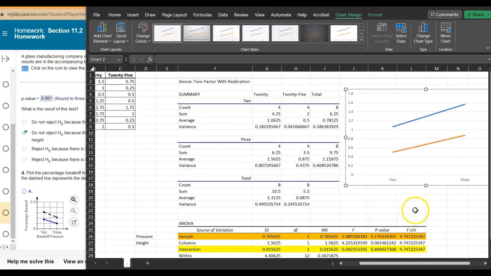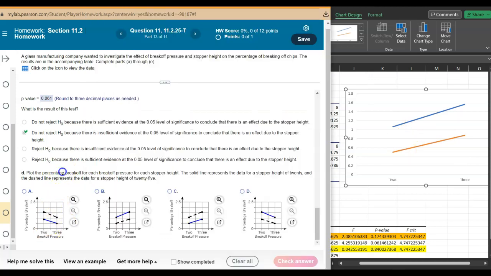Both of them are increasing. We have the 2, we have the 3. All right, if you hover above it, this is the 20 and this is the 25. So now we have two similar charts that could be the options B or C. How would you figure out the difference?